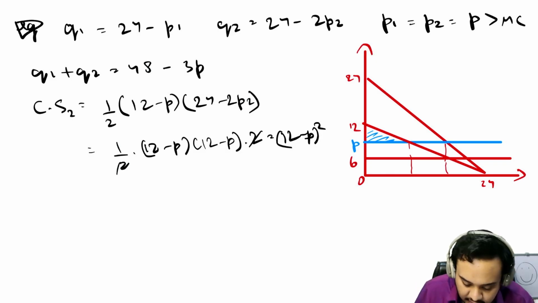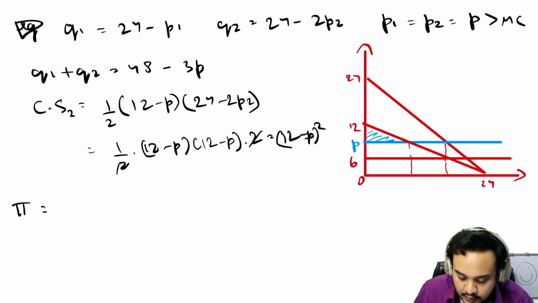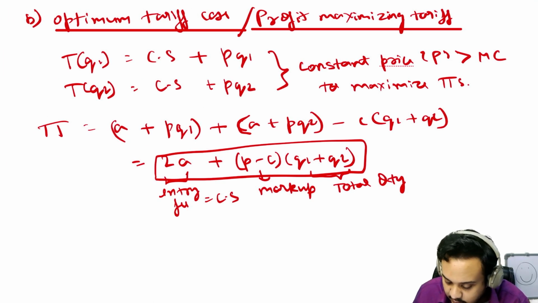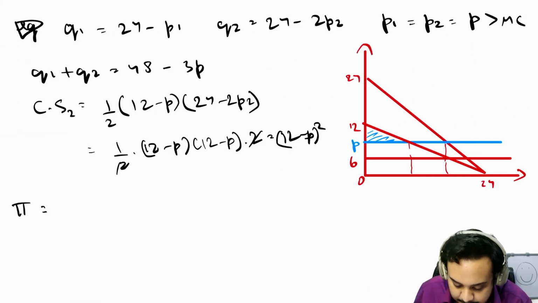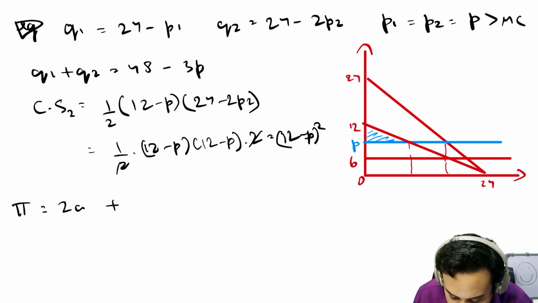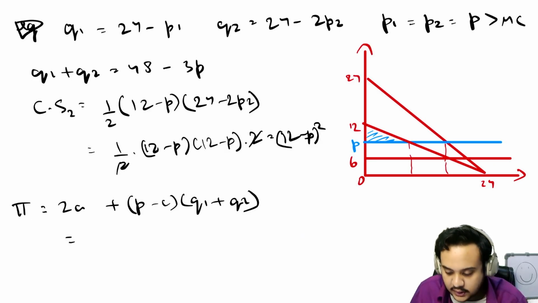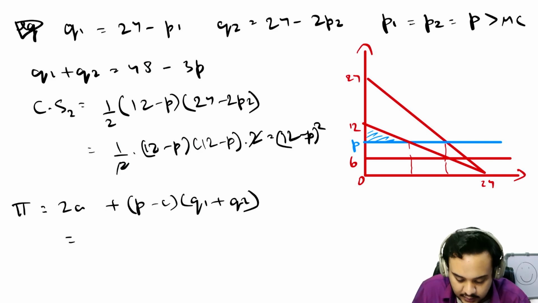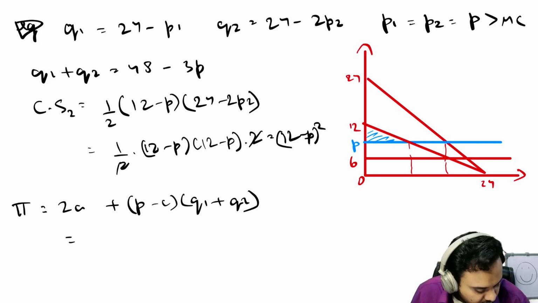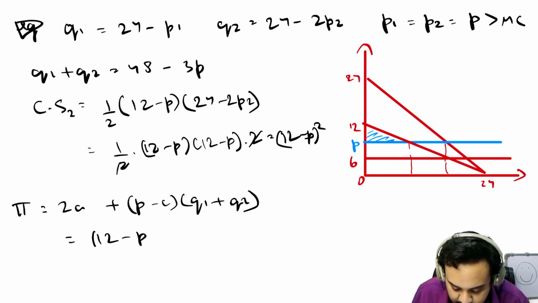Consumer surplus of the second consumer, which is the entry fee. Now you can write down the profit. Profit is, what did we find out? Profit was 2A plus P minus C into total quantity. Now what we are trying to do is to write all of this in the form of P. So 2A can be written in the form of 12 minus P square into 2.